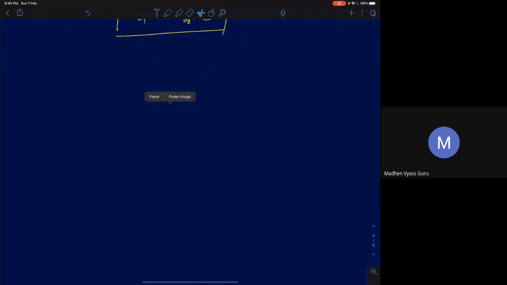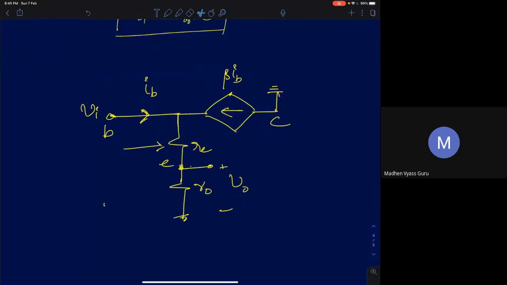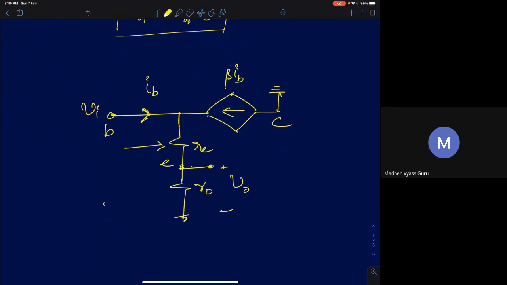The input voltage Vi is the base voltage with respect to ground, and this is the emitter node voltage, which is V0. The current flowing through this is the emitter current. So it's just a potential divider, right? The voltage across R0 is just a potential division of Vi, so it's R0 by R0 plus Re into Vi.